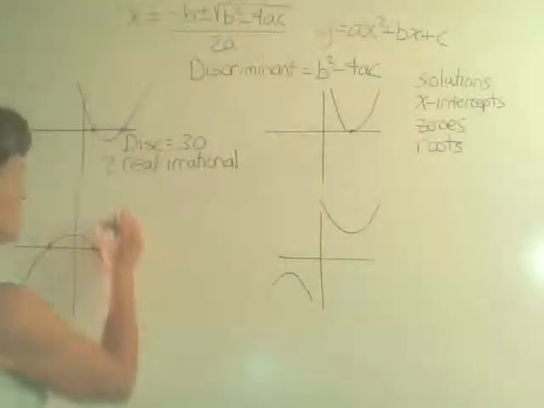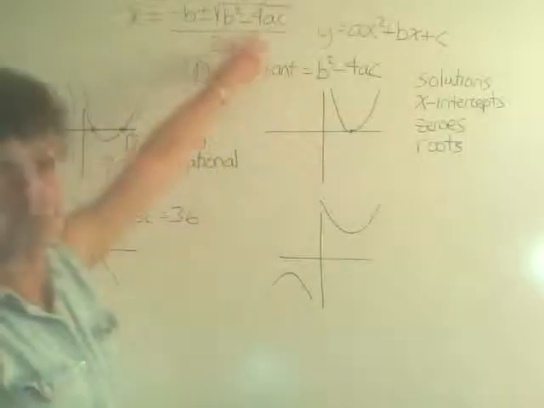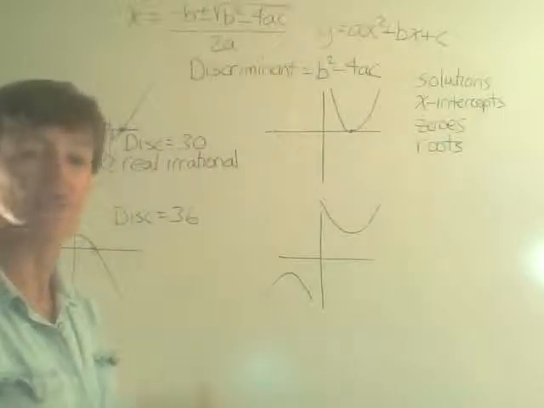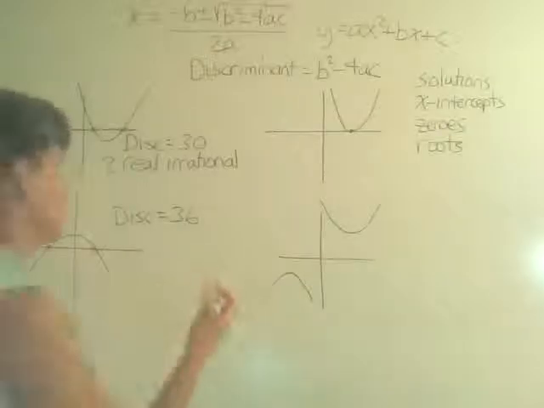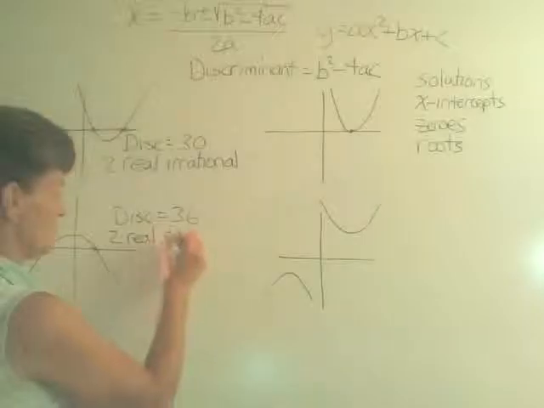But what if my discriminant is 36? Well, 36 is a perfect square. So I can take the square root of 36, so the square root sign is going to go away. Well, when the square root sign goes away, then I end up with two real rational answers.